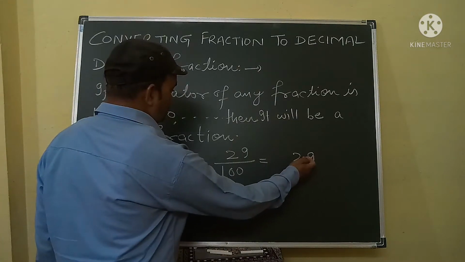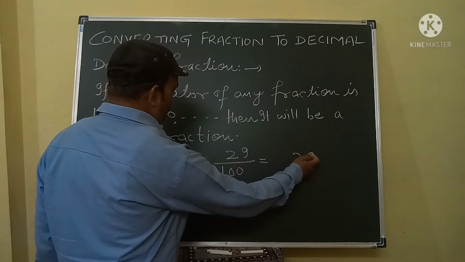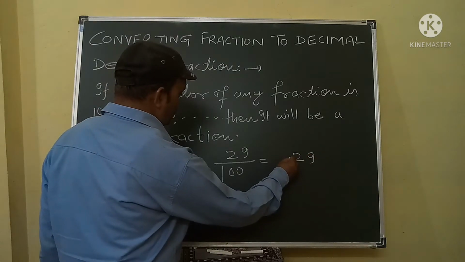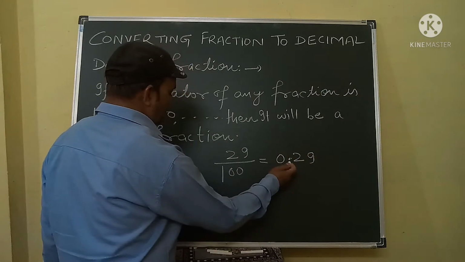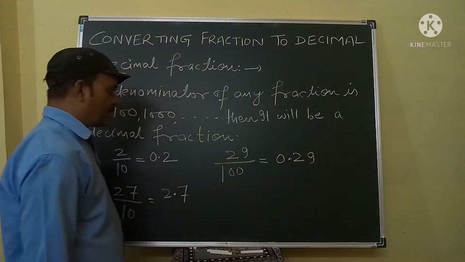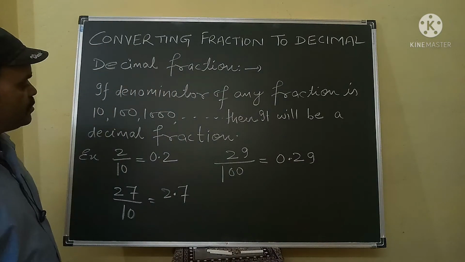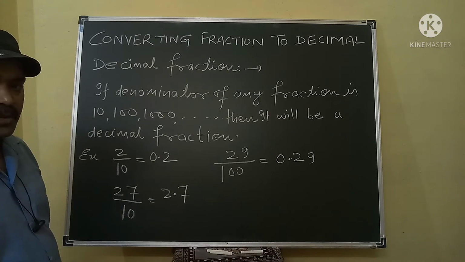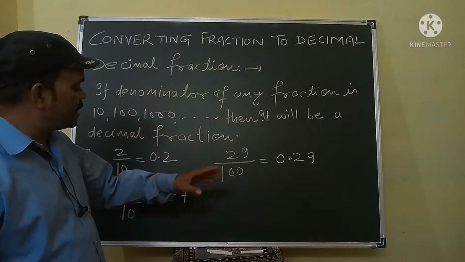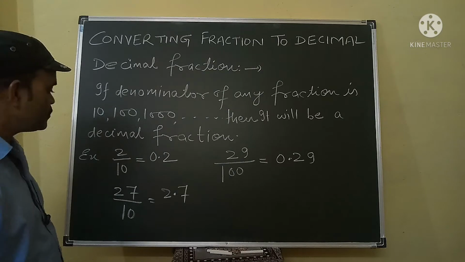This is the first digit, this is the second digit. So after 2 digits we will put the decimal point. That means 0.29 is the decimal form of 29 upon 100.